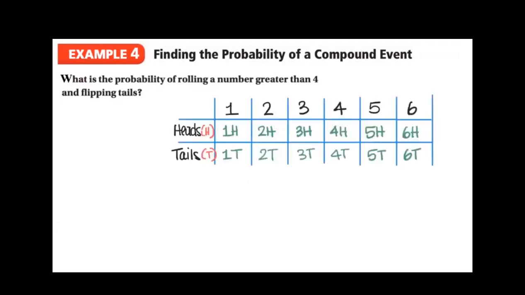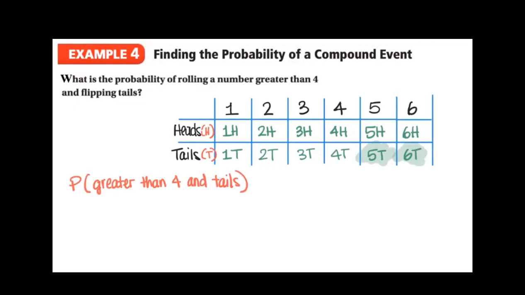So we have 1, 2, 3, 4, 5, and 6, and then we will write a coin. It will be heads and tails. At the beginning, we have to write all the possible outcomes. Like then we will write heads and 1, heads and 2, heads and 3, heads and 4, and so on. So we will search for how many numbers are greater than 4 and tails.